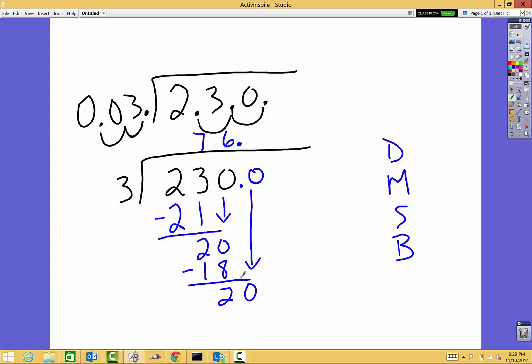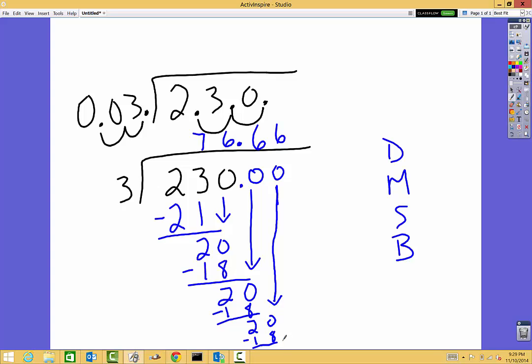How many times does 3 go into 26? Going to repeat. 3 times 6 is 18. Subtract. I need another number to bring down, so I can add a 0, because remember, adding a 0 at the end does not change its value. And I'm going to repeat. How many times does 3 go into 20? That is 6. 18.